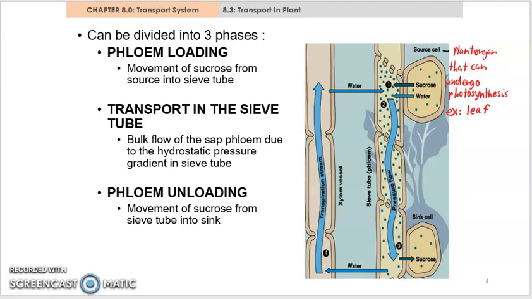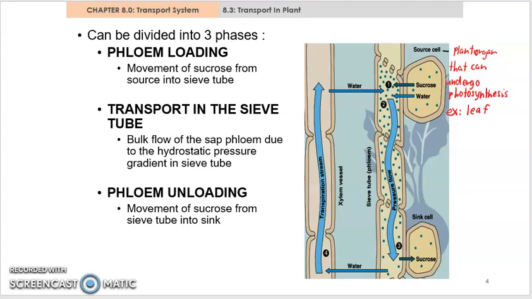And then dekat bawah sini, this one adalah sink. Akan ada dua terms yang awak mesti kena tahu based on the process of the translocation. The first adalah source, satu lagi adalah sink cell. Source cell is a plant organ that can undergo photosynthesis, for example leaf.